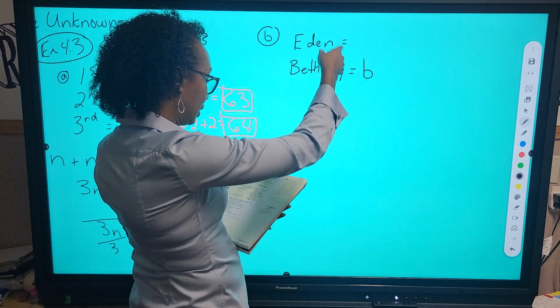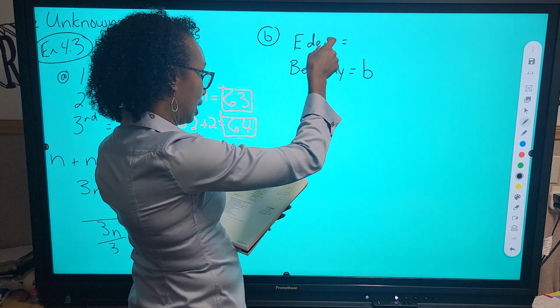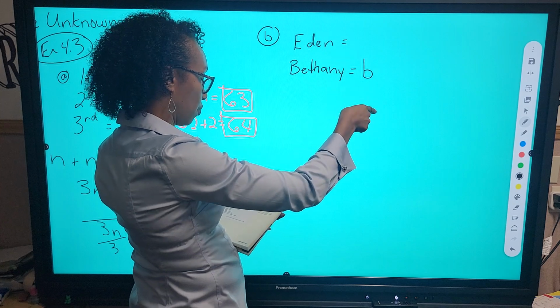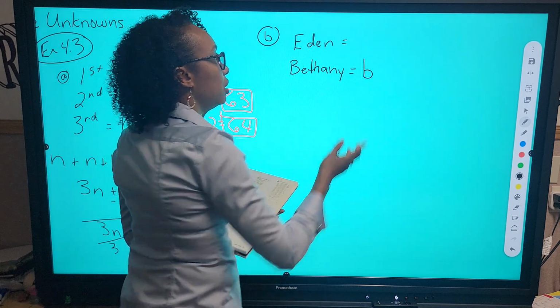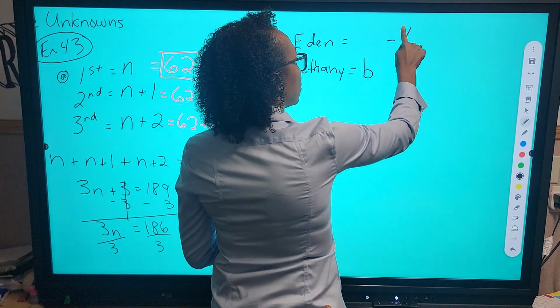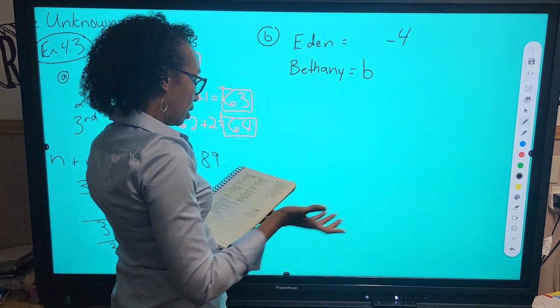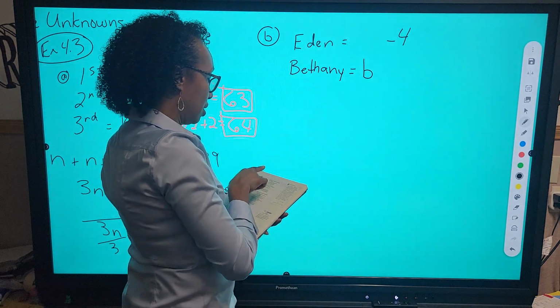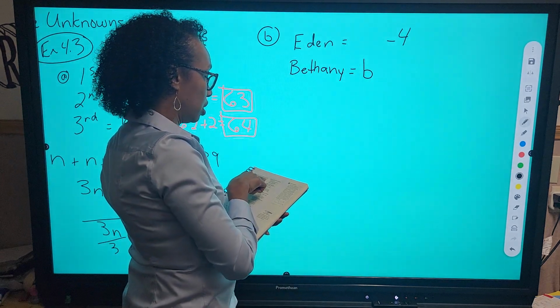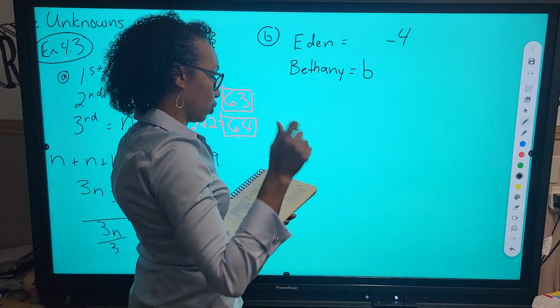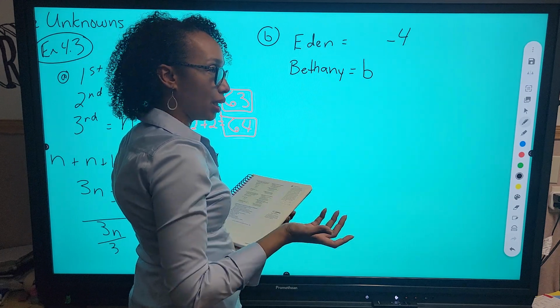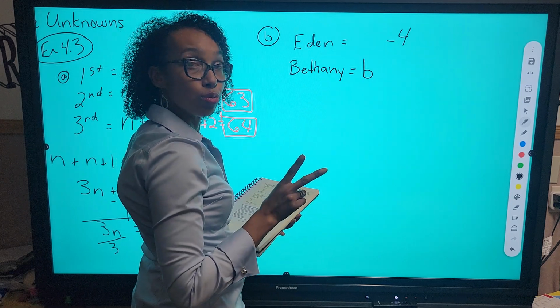Now I'm going to go back to Eden, and it says Eden is 4 years younger. Well, I know 4 years younger sounds like we're taking away 4. And then I'll go back and say take away 4 from what? Eden is 4 years younger than twice the age of her sister. Well, I know twice means times 2.